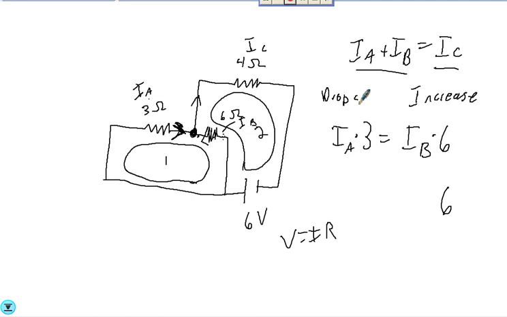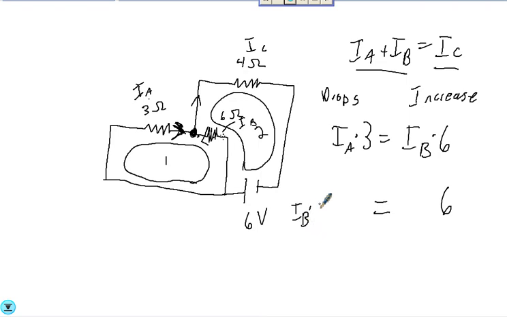So then going across the IB resistor, we get a voltage drop because we're going with the current across the resistor. So I have my equal sign, and we get a voltage drop of IB times 6.